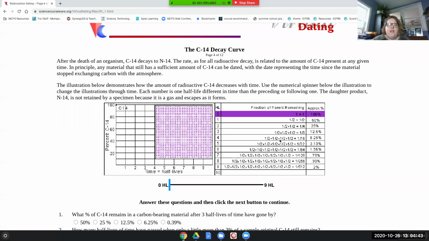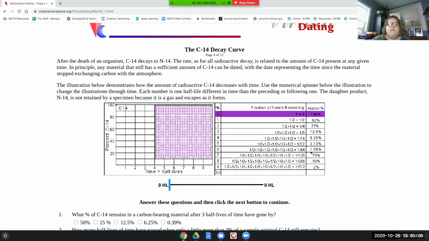So each half-life, the amount reduces by 50% or 1/2. So after 1 half-life, it goes to 50. Half of 50 is 25. Half of 25 is 12.5. Half of 12.5 is 6.25. Half of that is 3.125. But notice they don't have all the decimals, so it's rounded to 3.13.